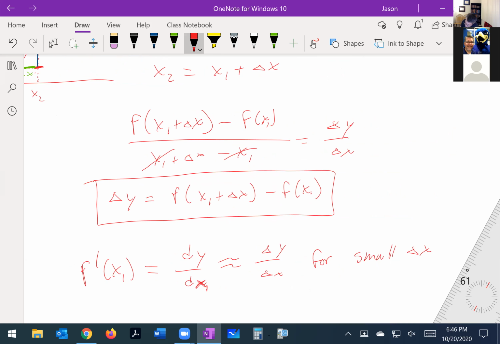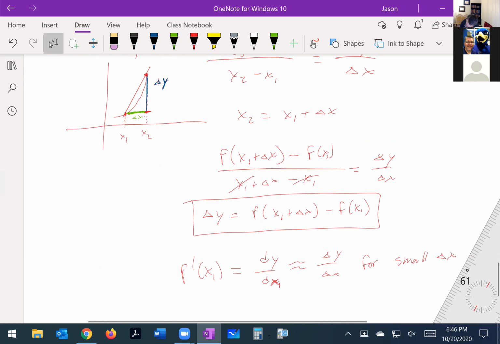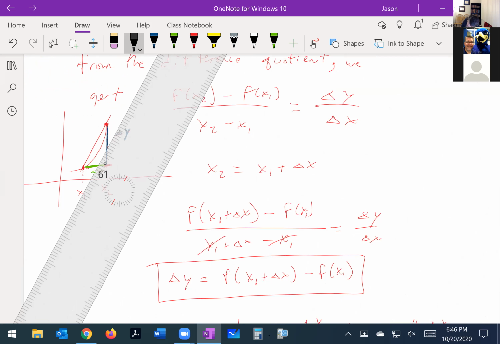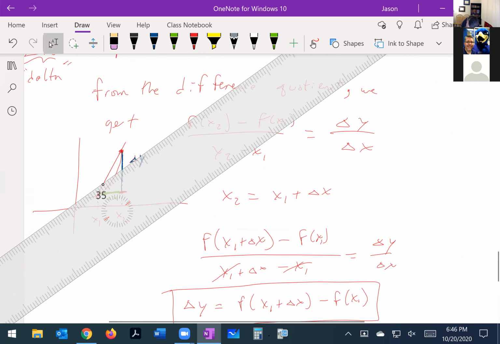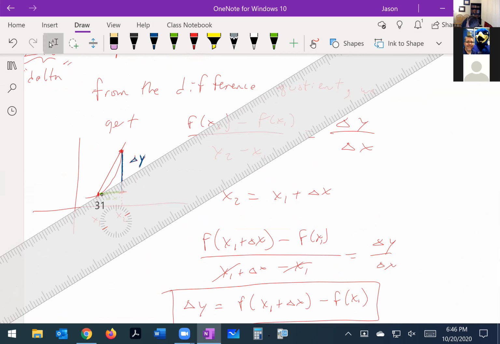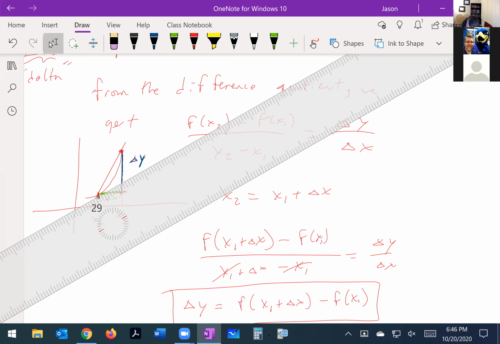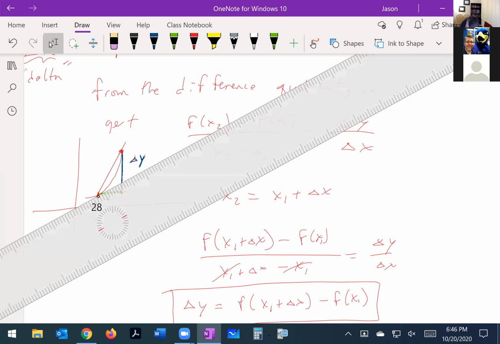So here's the deal here. I'm going to take the derivative at x1. And what is the derivative at x1? The derivative at x1 is going to be the slope of this tangent line.